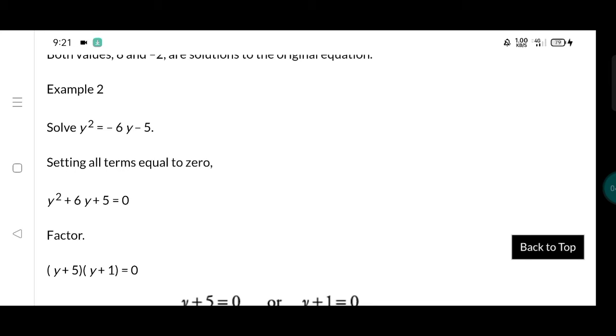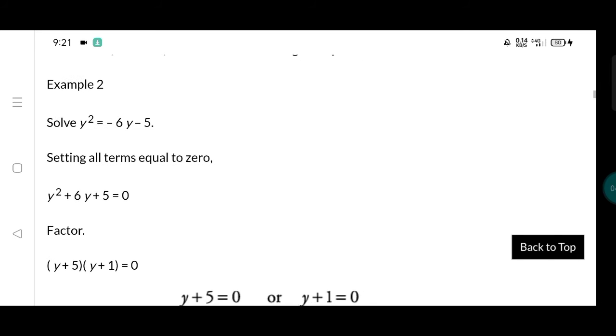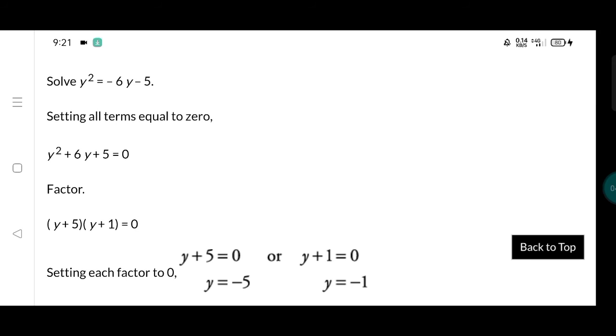So y squared plus 6y plus 5 equal to 0. And then we do the factoring. We can factor y squared plus 6y plus 5 into y plus 5 and y plus 1.